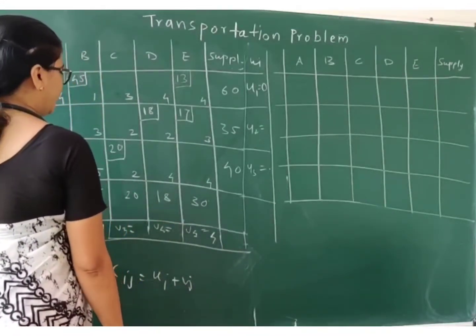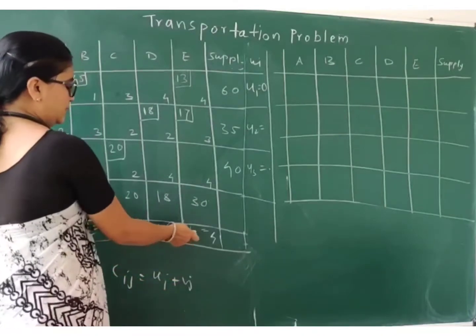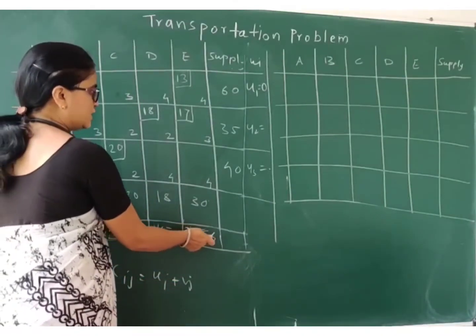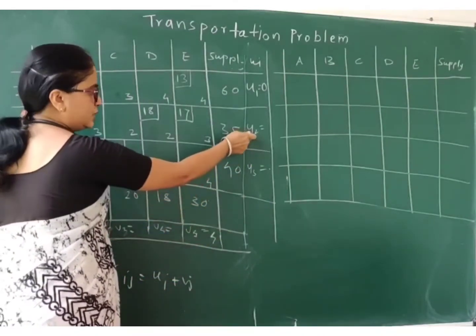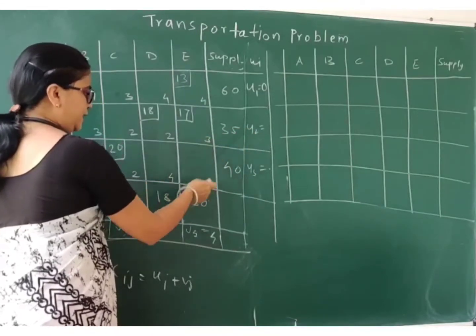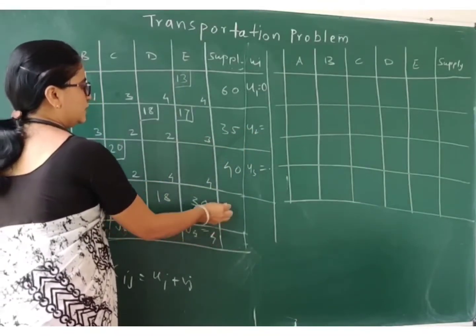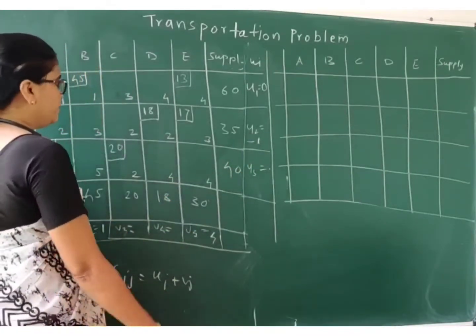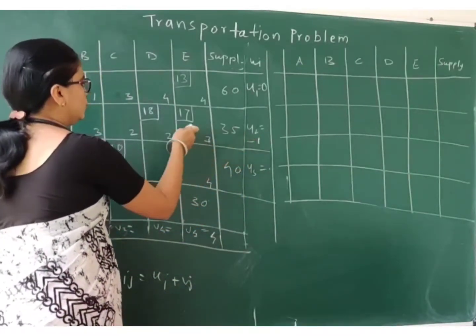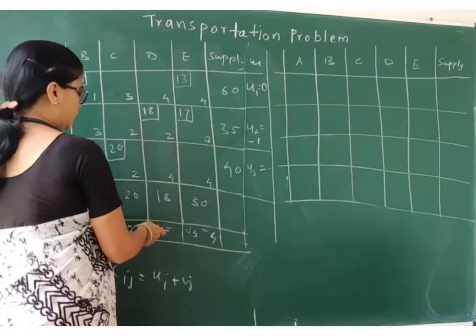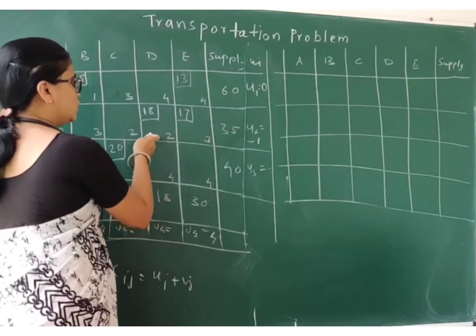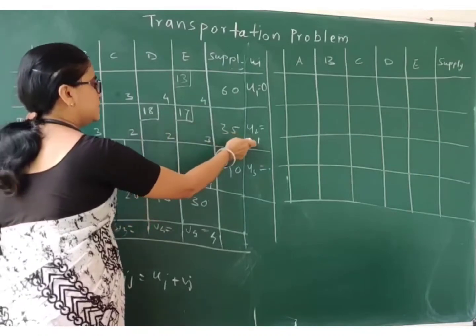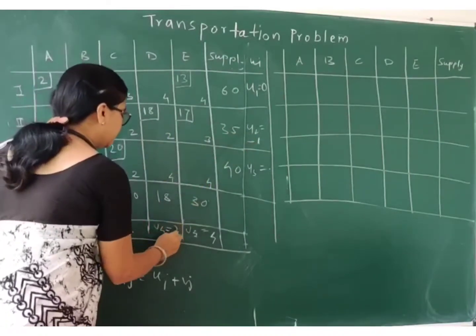For the remaining values, since we have V5 as 4, we can calculate U2 as 3 minus 4, that is minus 1. Using U2, we can calculate V4 as 2 minus minus 1, that means it is 3.